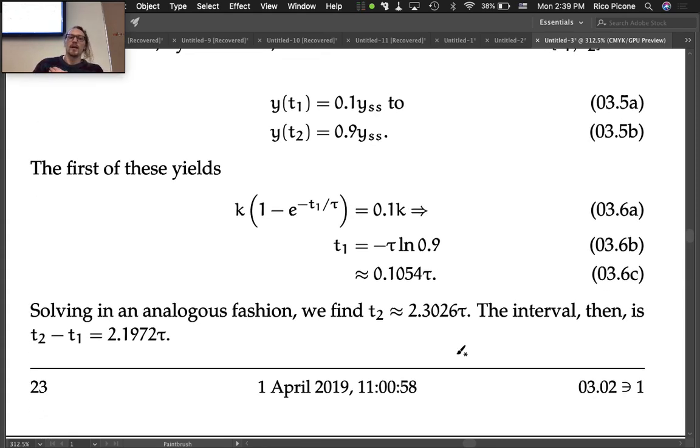Solving in an analogous fashion for t2, we get that that's about 2.3 times the time constant. The interval then is the difference, so we subtract t1 from t2, and we get about 2.2 time constants. So 2.2-ish time constants is the rise time for a first order system with no zeros. Okay?